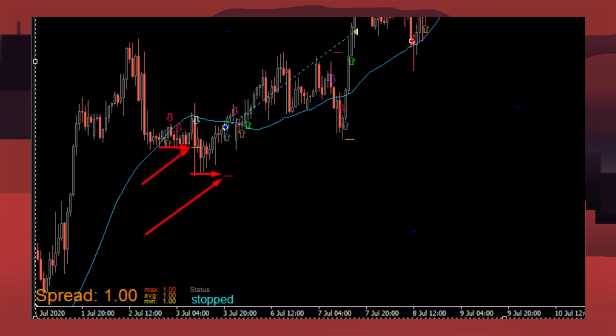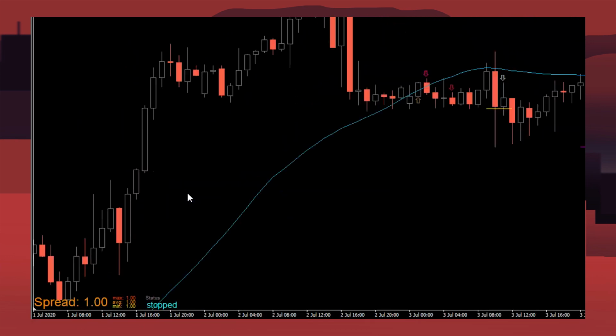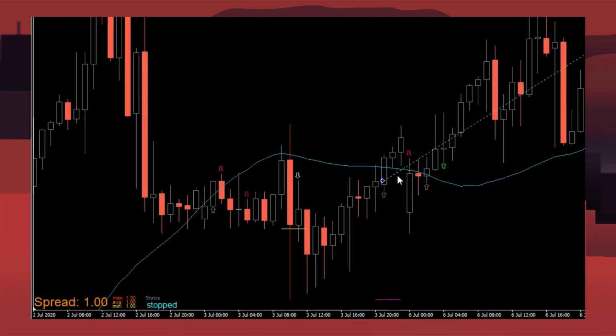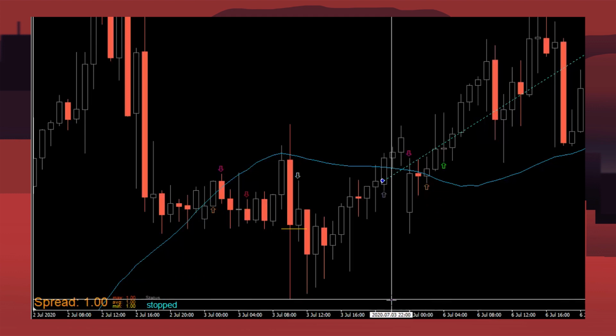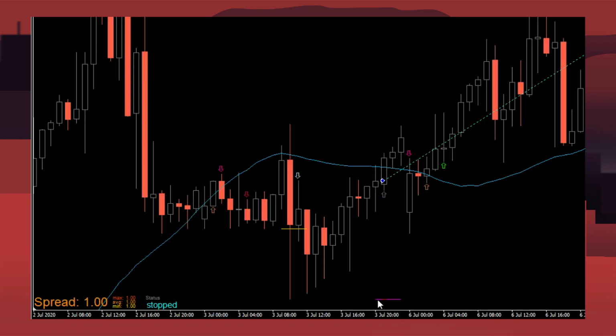Now, how do we do things here so that we've got a bit of control over this? I'm just going to zoom in a bit on this point and tell you what we're doing. So why do we get in at this particular point here? We're looking for confirmation of a second point lower.